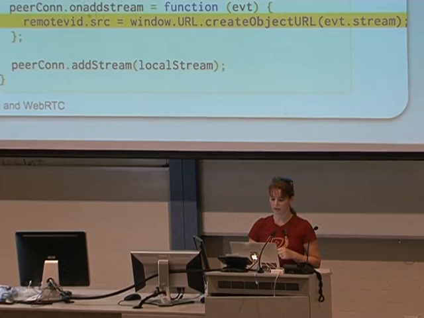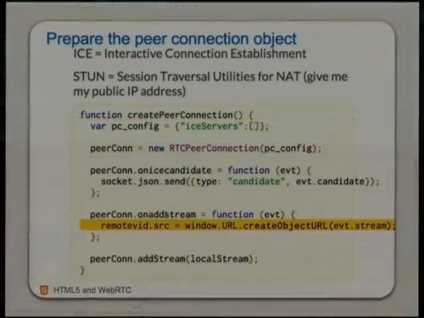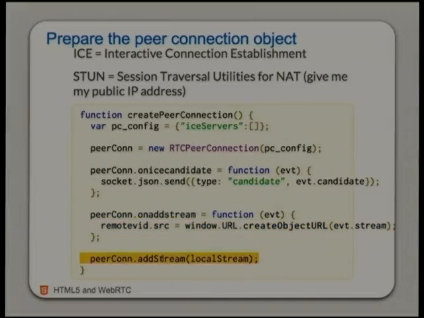So it'll happen as I get an add stream event from my peer connection. So I've just set it up to display the remote element. I'm also putting my local stream now into my peer connection, so that as soon as it has the connection, it can actually go off and send it. So that's all I need to do to set up my peer connection entity.